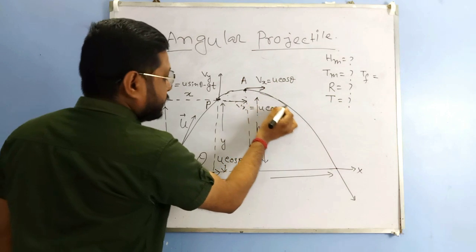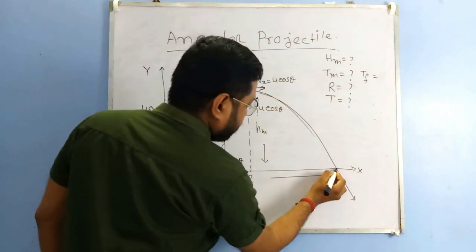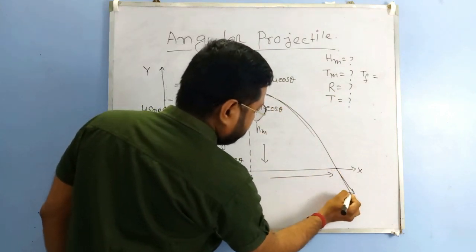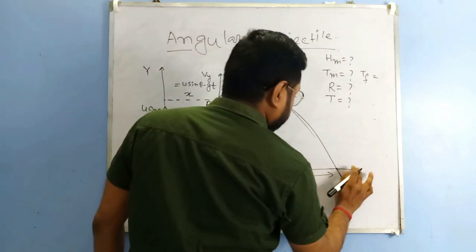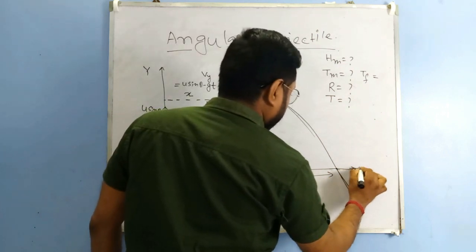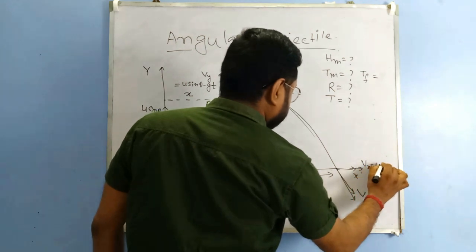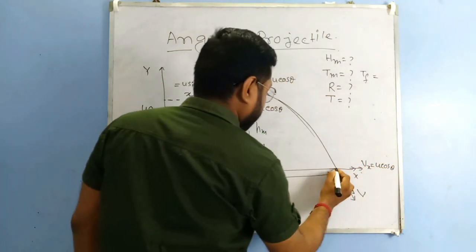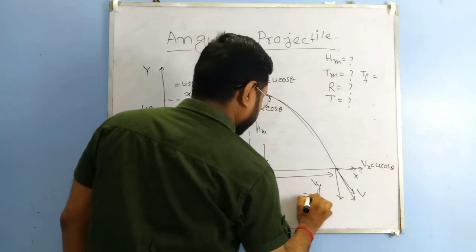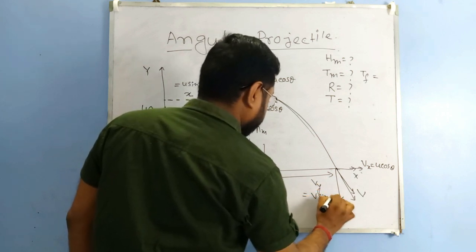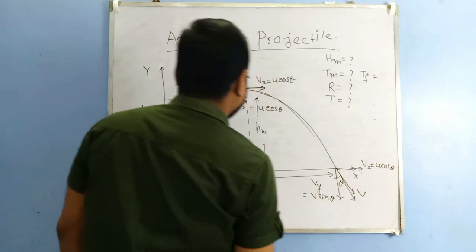Then it returns to the ground, and if the velocity there is v, the horizontal velocity is also Vx equal to u cos theta, and the vertical velocity is in the downward direction, Vy equal to v sin theta. This angle is also theta.